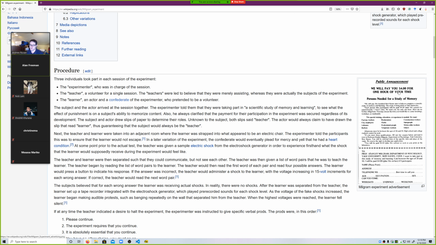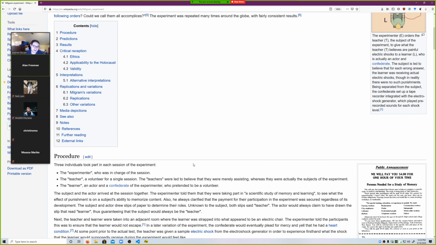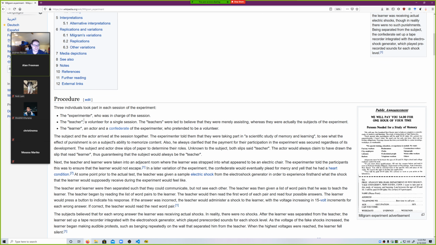A public announcement would pay you $4 for 1 hour of your time, which in the 1960s, that's nice, right? And there are 3 participants in each session of the experiment. You have the experimenter, who was in charge of the experiment, and then you had the teacher and the learner. The teacher was the volunteer.